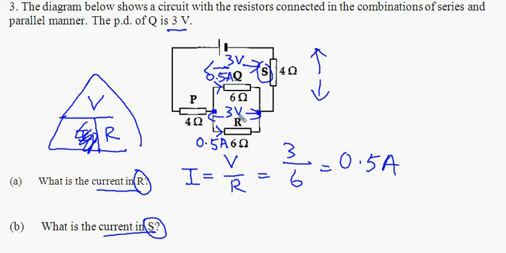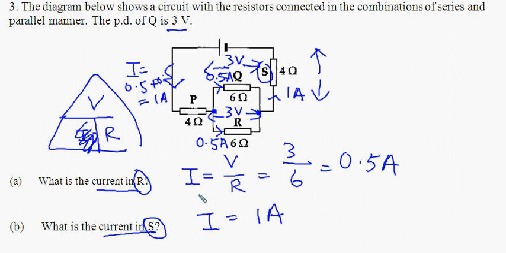Remember, current will go in and split, so the sum of the currents will be 0.5 plus 0.5. So the answer is 1 ampere. So if here is 1 ampere, I can also say that this is 1 ampere. So in this case, the current that flows through S is actually 1 ampere. Okay, so this is for A and B.